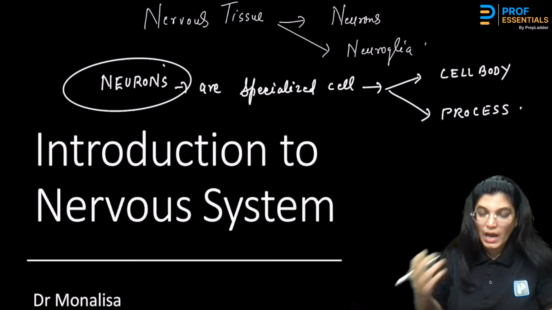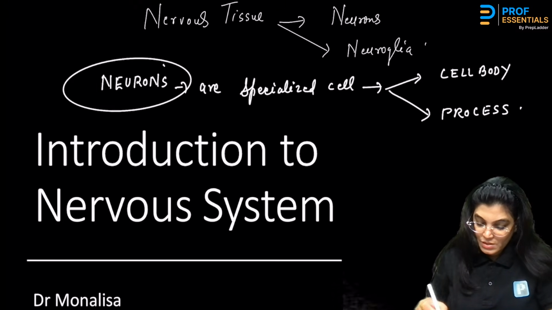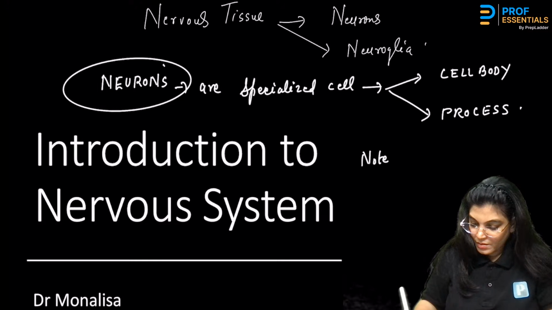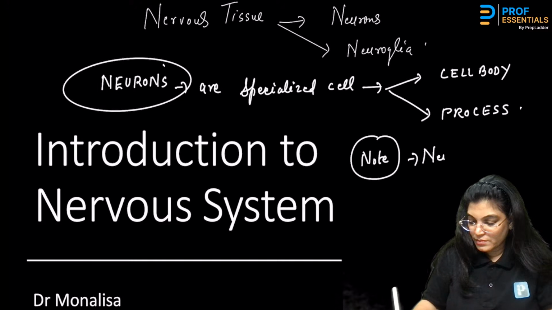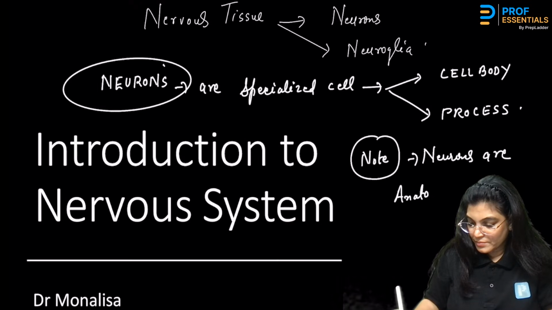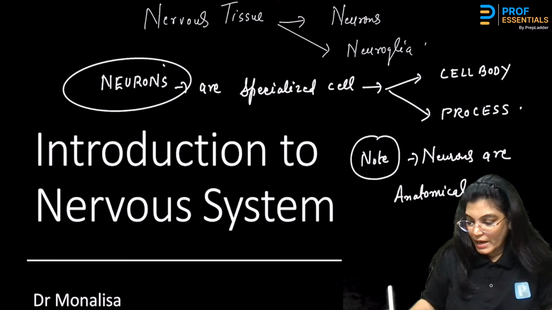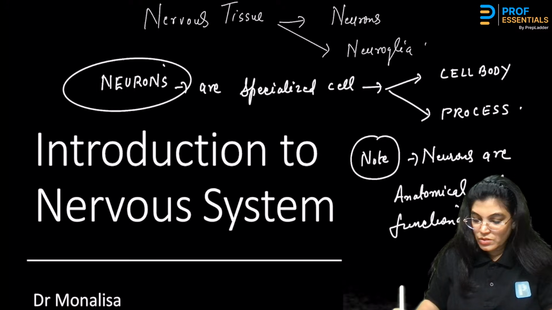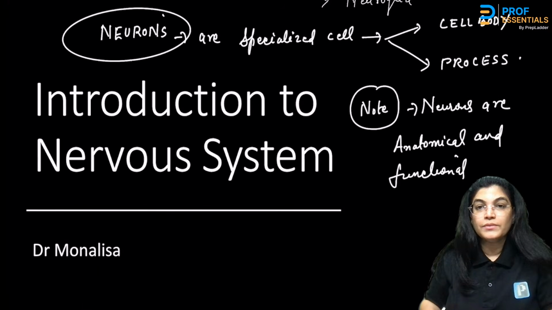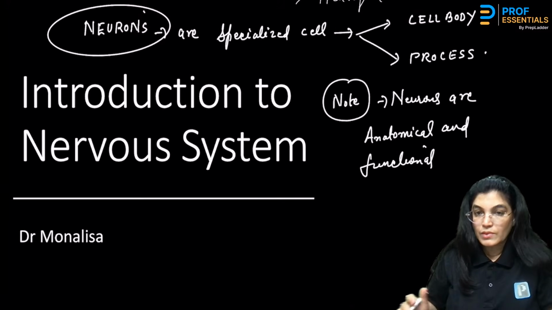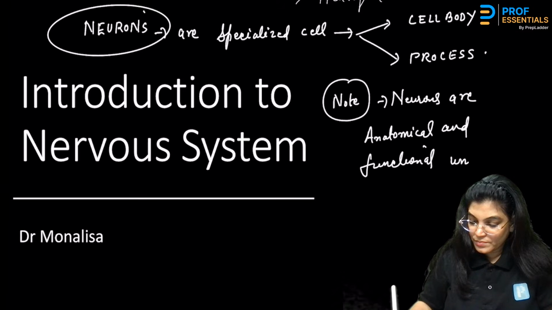So neurons are the anatomical and functional unit of the nervous system.